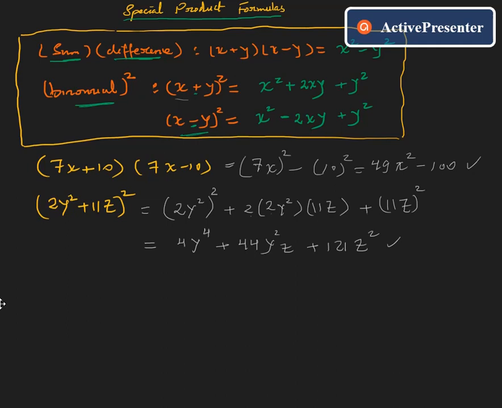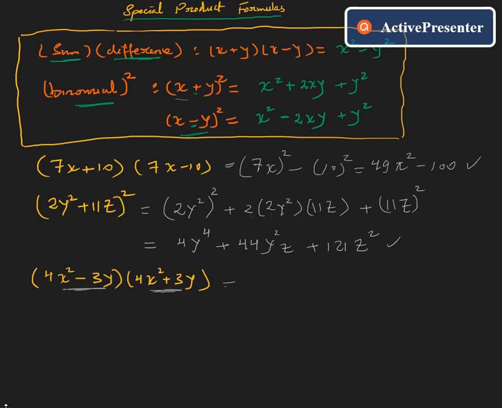Another question, if I say (4x squared minus 3y) multiplied in (4x squared plus 3y). If you can see, it is the sum multiplied in the difference.